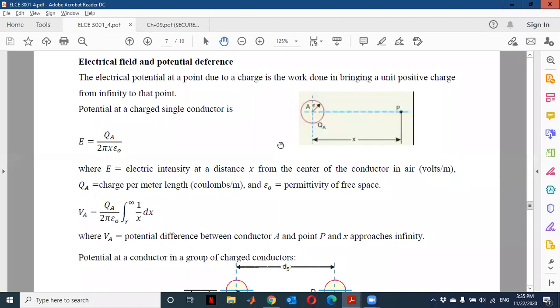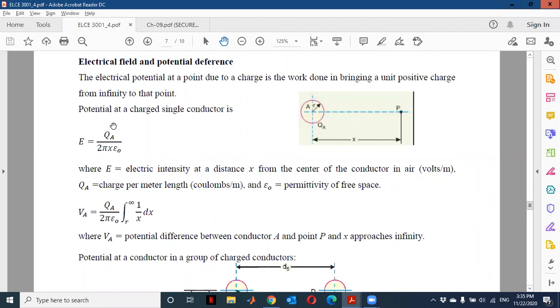Now we will take the capacitance. Whenever we want to calculate the capacitance, we have to know the electrical potential on a charged conductor. So the electrical intensity of any conductor is QA over 2 pi x epsilon.